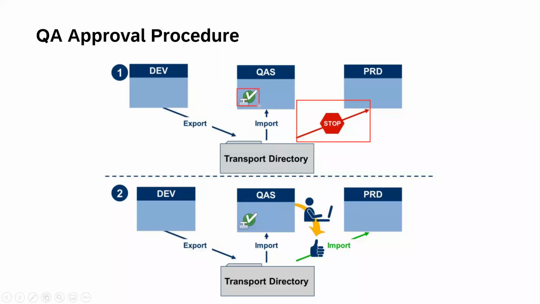Only after the user approves, confirming this TR, can you import that TR into your production system. Did you get it?